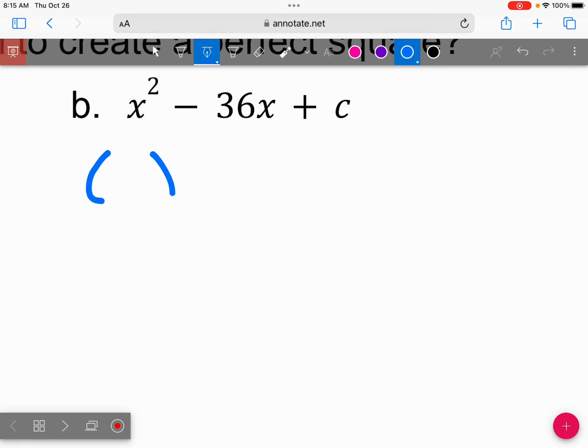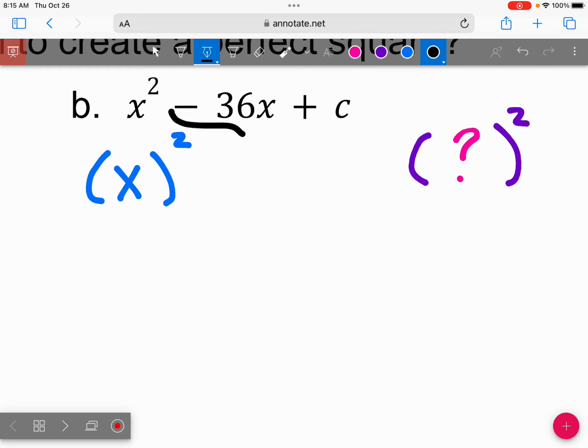So we know that for it to be a perfect square, this first term needs to be a square, which it is. X has been squared. For this to be a perfect square, C also needs to be something squared. We just don't know what that is yet. That's what we're trying to find. And for this to be a perfect square, we know the middle term, this guy, needs to be made up of 2 times the x from the front times question mark from the back, right?